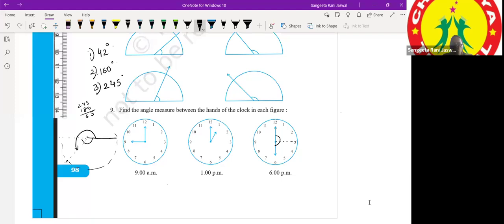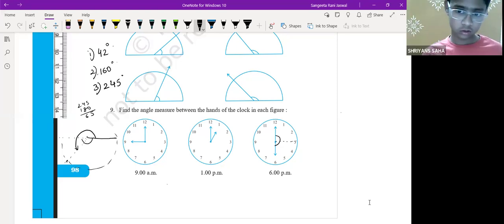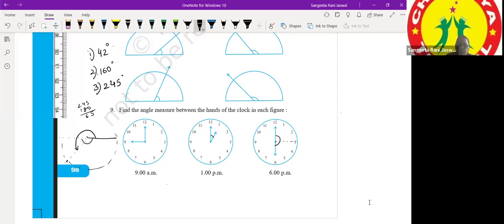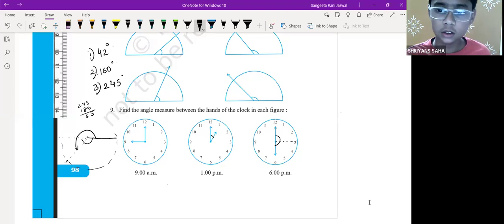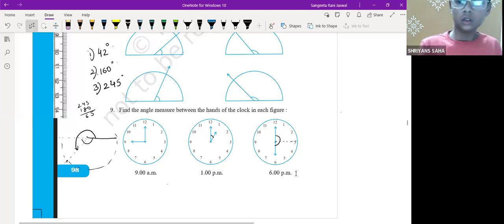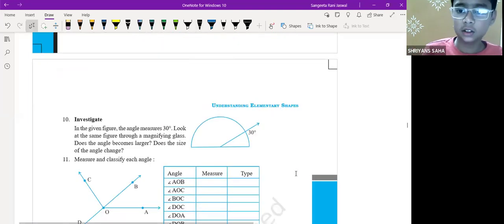So when the clock is showing 1 o'clock, that means now you have to measure it with your protractor. So whatever measure you get with the protractor, it will be some acute angle. And when the clock is showing 6 o'clock, the lines are straight, so it's making a straight angle. Okay, 180 degrees.